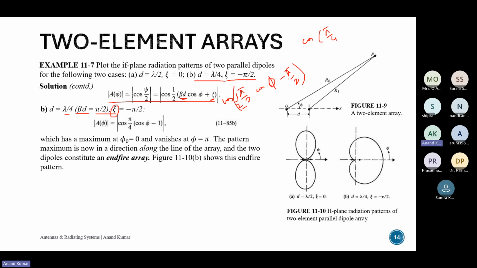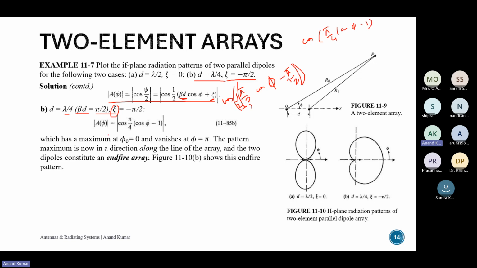Okay, so this half was multiplied to this element as well. So that's common. So this becomes pi by 4, and then we have, so we took out this pi by 2 outside, so we get pi by 4, and then we have cos phi minus 1.